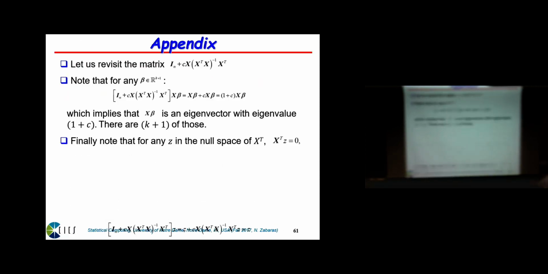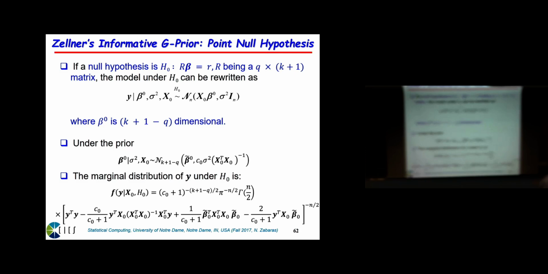Let me just give you, and again, I'm not going to bother you with the notation because it doesn't really mean anything. So let's call here H0 the model where we have removed, let's say, variable beta 1.